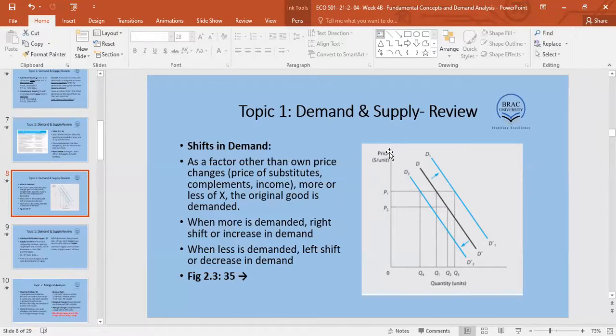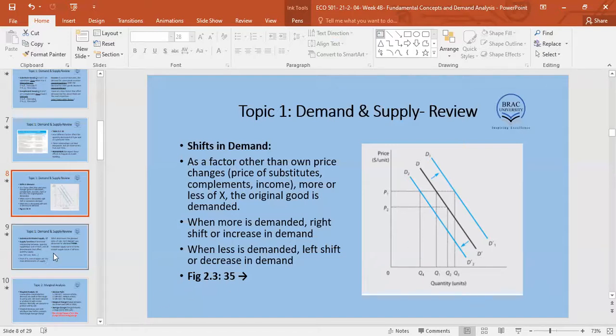This is the price of the original good, not the price of something else. So how do we show it in a graph? It must be a rightward movement. Since it has become attractive, we demand more. Horizontally, that has to be a right shift. If it becomes less attractive, at the same price we now demand less, so that must be a leftward shift. Is that clear?